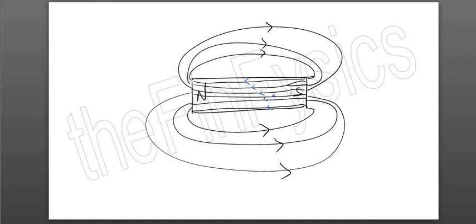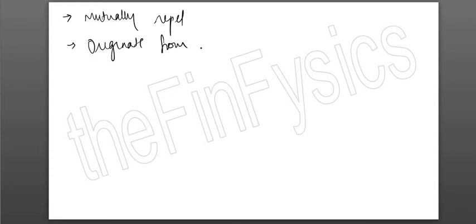Just remember these points. If I have to write 3 points of field lines, then I would write they mutually repel each other. They originate from the North Pole and terminate at the South Pole outside, and vice versa on the inside.